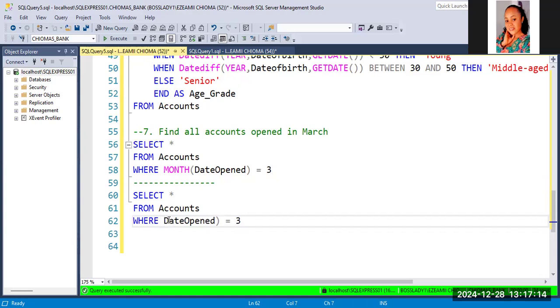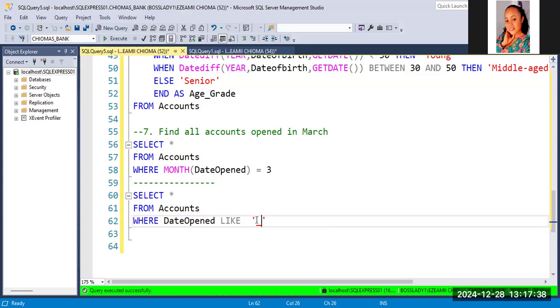So use where date opened like, so anything, so we have 3, because if you use the percentage sign, this will not work, all right?